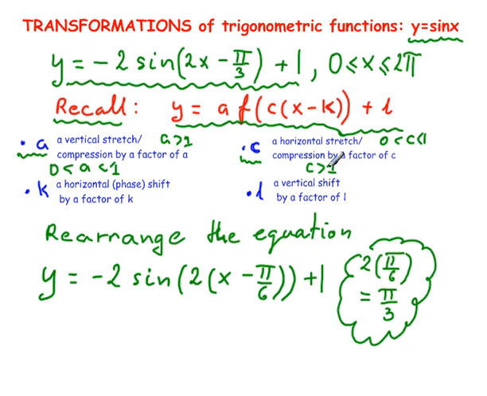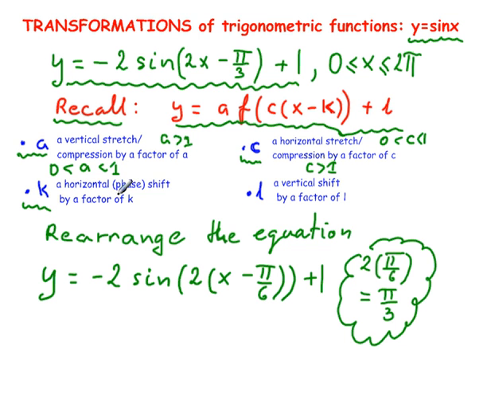This is the difference between the vertical stretch and compression, so we read it straightforward. For horizontal, this is the sort of inverted situation. When it's greater than 1, you compress. When the value of C is between 0 and 1, when you see a fraction, you anticipate a horizontal stretch.